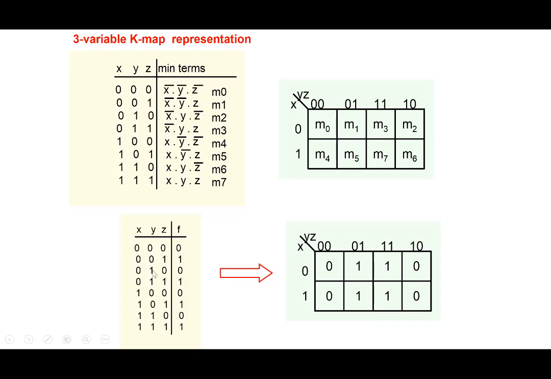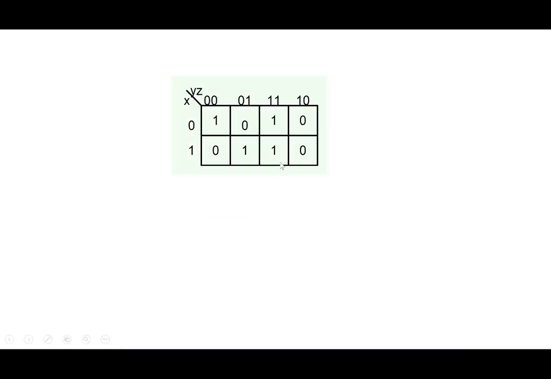Similarly, when x is 0, y is 1, 0, it is 0 here, and like that we can fill up the Kmap. All right, so it's the same representation. The truth table representation is represented in this Kmap kind of representation.